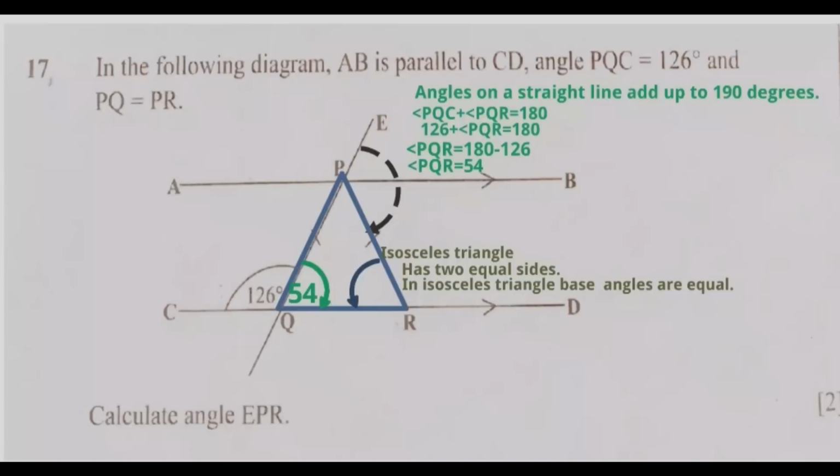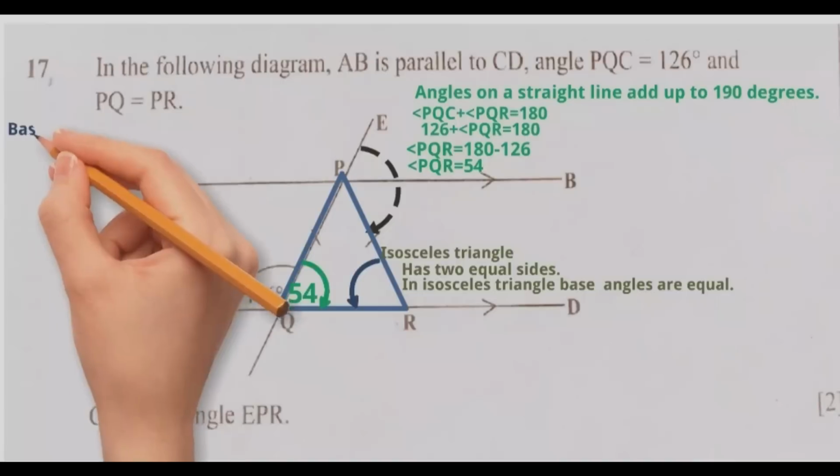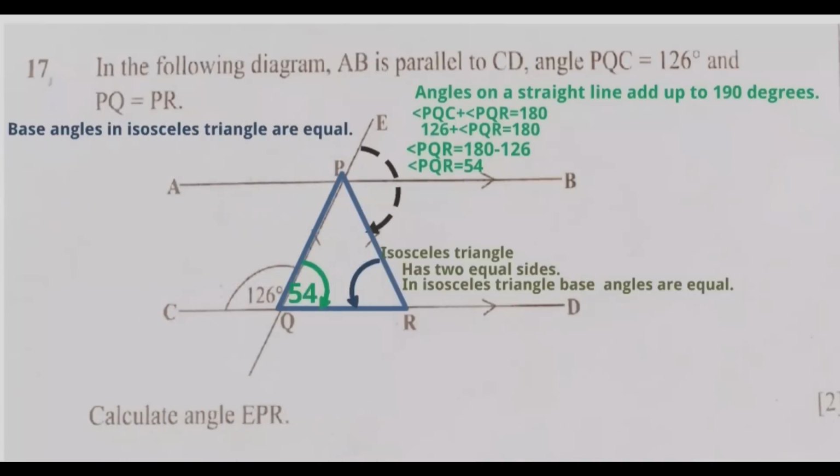Okay, now we go to the next angle. The next angle we're going to find is angle PRQ. To find angle PRQ, we are going to use the property which is base angles in an isosceles triangle are equal.